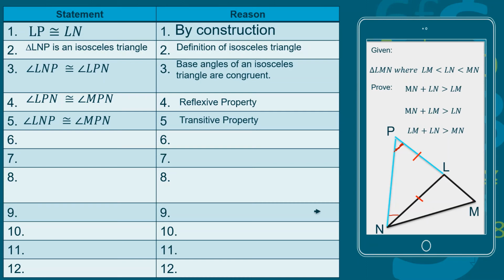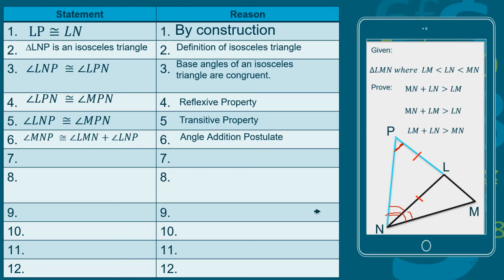Okay, so where are those? The measurement of MNP, this one, the whole MNP, is equal to the measurement of LNM, this is L and M, and LNP, this is L and P. Okay, so our statement, angle MNP is equal to angle LNM plus angle LNP. Okay, so that's correct by angle addition postulate.